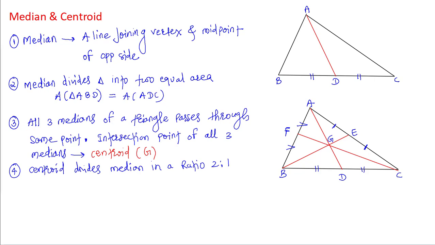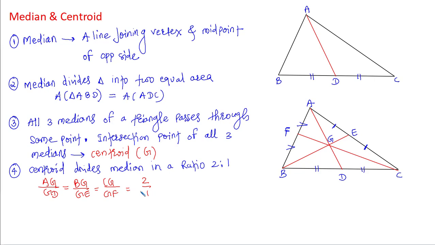What do I mean here? AG divided by GD is equal to BG divided by GE is equal to CG divided by GF, and that is going to be 2 divided by 1.